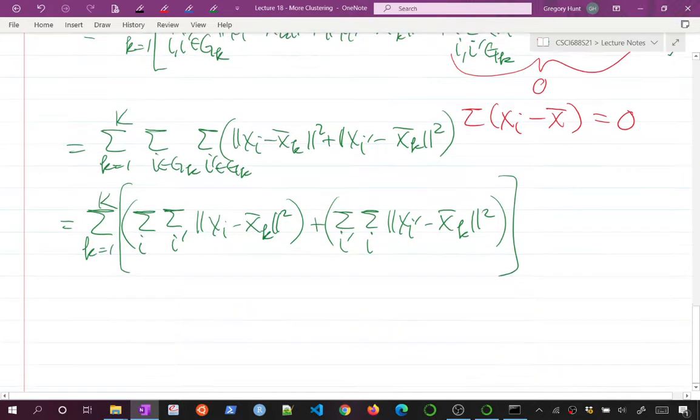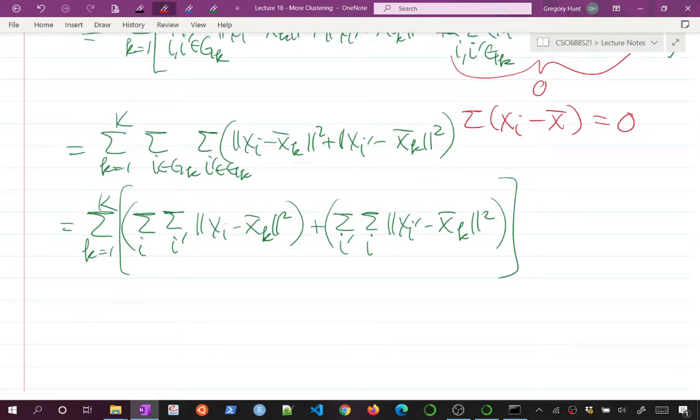Okay, so again, just consider this first one: I'm summing up this thing, which doesn't depend on i prime, so I'm just going to get nk times that. And I'm going to have a similar story here, because if I sum up 1 n times, I'm going to get n times 1, right?